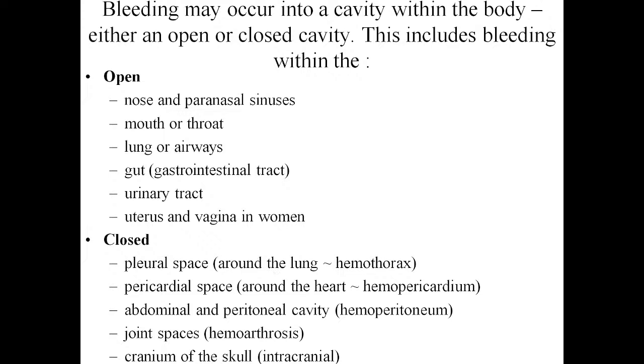Bleeding may occur into a cavity within the body, either an open or closed cavity. This includes bleeding within the open cavity: nose and paranasal sinuses, mouth or throat, lung or airways, gastrointestinal tract, urinary tract, and uterus and vagina in women.